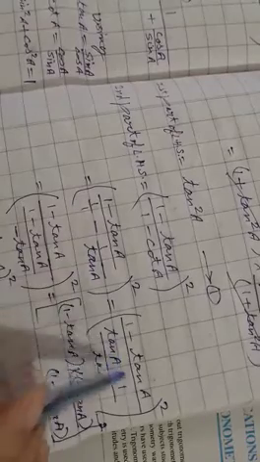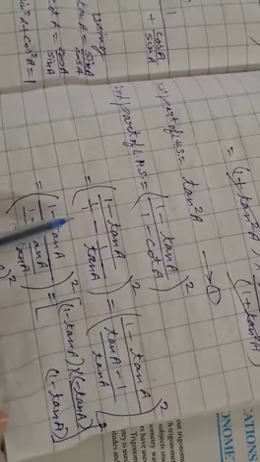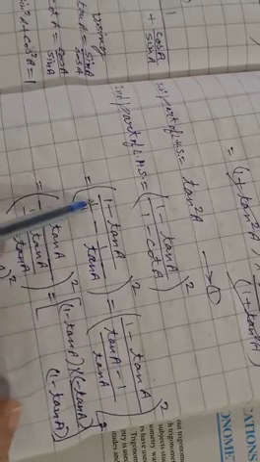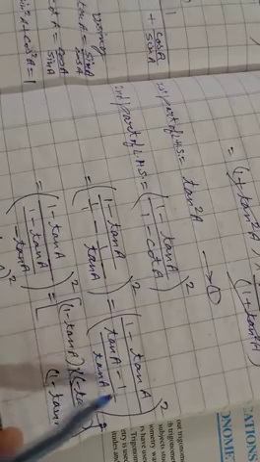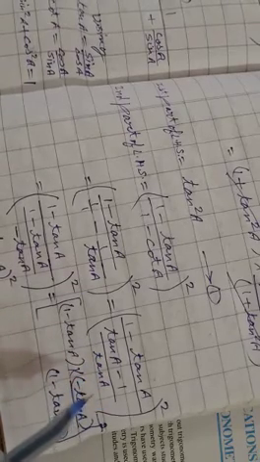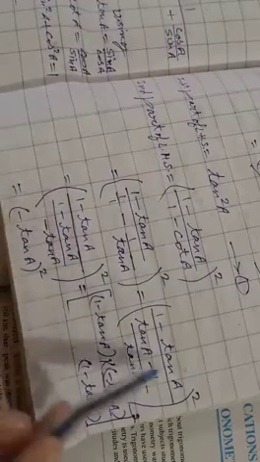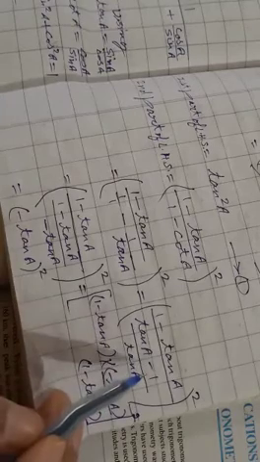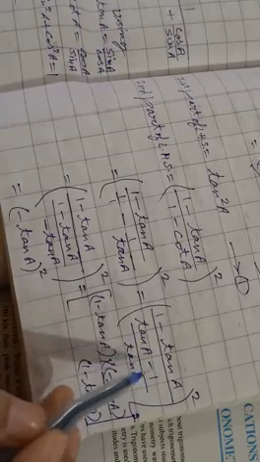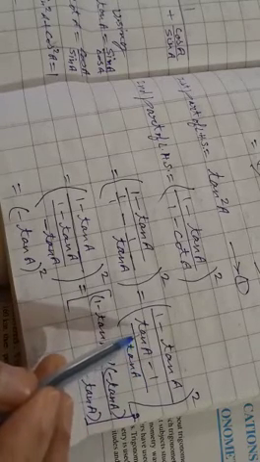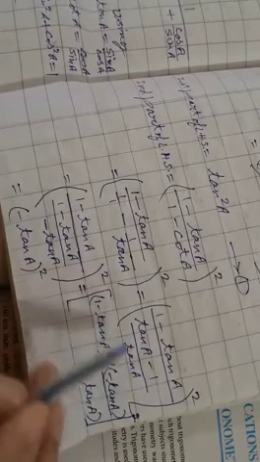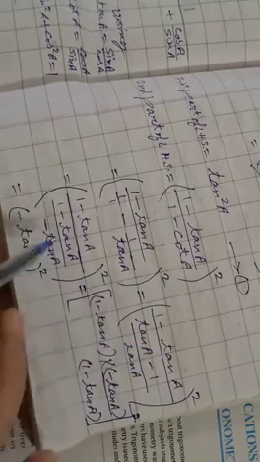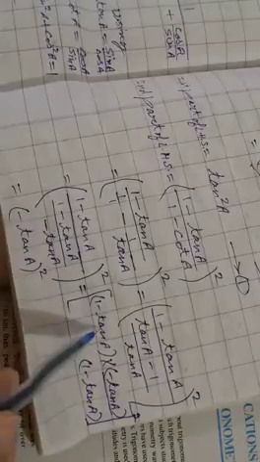Now 1 minus tan A upon, take LCM tan A, we get tan A minus 1 upon tan A. Now take minus common from tan A minus 1, we get 1 minus tan A upon minus tan A. Now 1 minus tan A as it is.